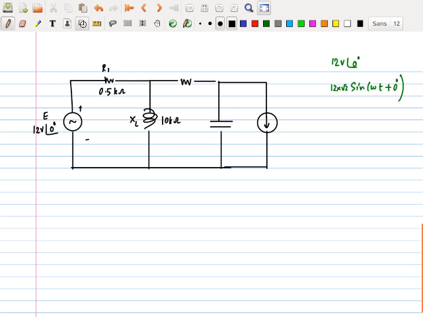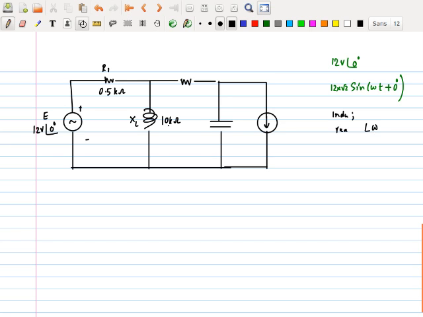Right? Most of the problems that we are going to solve, we would not give you the inductance. We will give you the reactance, which is what? If you take an inductor, you will have the reactance to be basically L omega. So if I give you L and the frequency, you should be able to find this L omega.